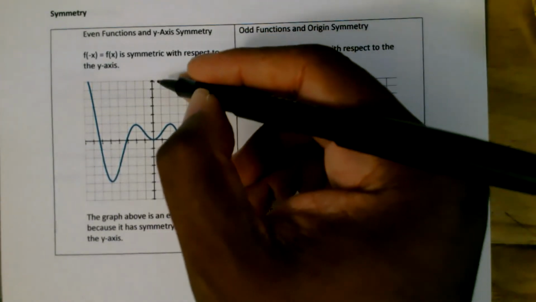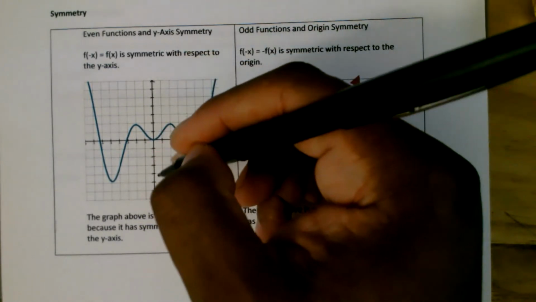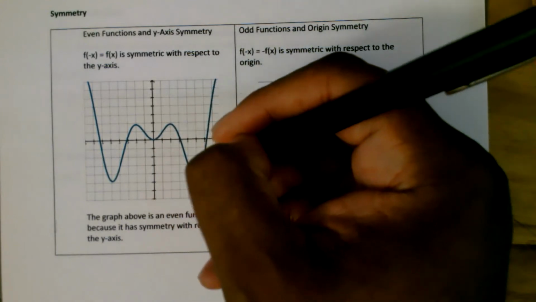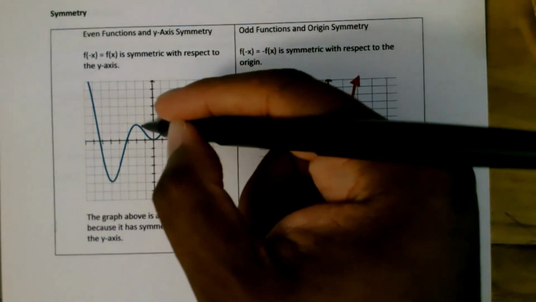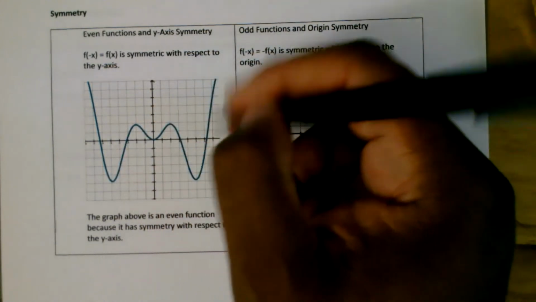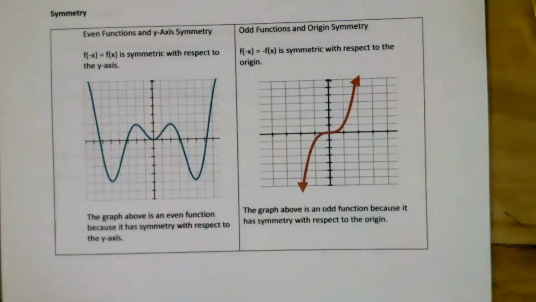In other words, here's my y-axis here. If I fold this piece of paper along the y-axis, the right side of this graph is the mirror image of the left side of the graph. In other words, the right side of the graph will lie on top of the left side if I was to fold the piece of paper along the y-axis.